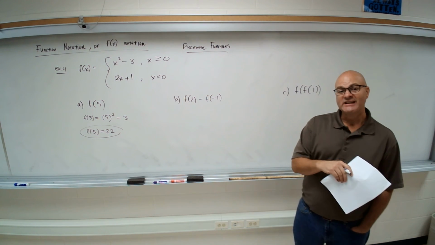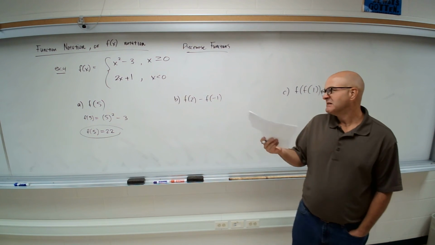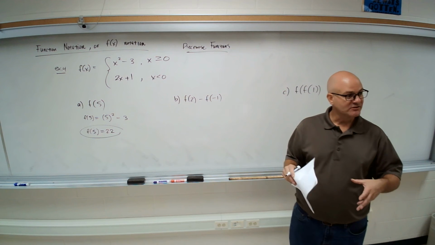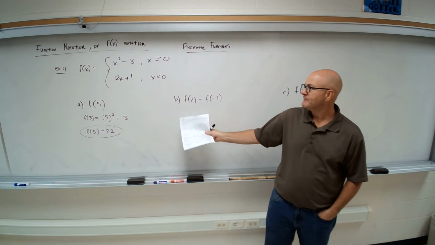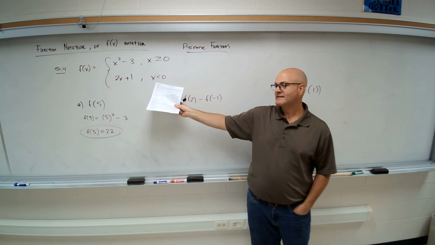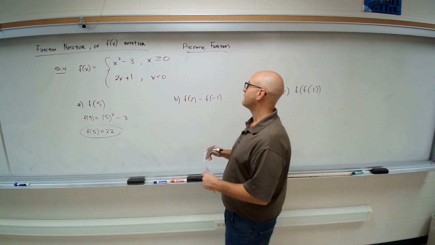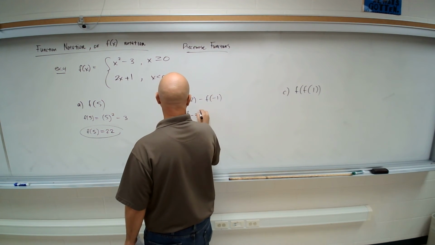You could do each of these separately, get answers, and then subtract them. That would be fine. This one I'll probably do all at once. Maybe I'll use braces or brackets or something to show that I'm working with two different functions. So f of 2, so I look here, is 2 less than 0, nope, but 2 is greater than or equal to 0. So for the first one, I'm going to say 2 squared minus 3, bracket.